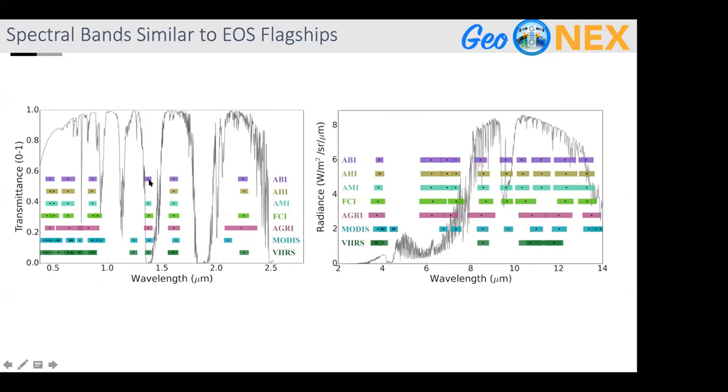And some of the sensors have bands located at about 1.3 micron. That's for cirrus detection. About 1.6, that's the band for snow and ice detection, because snow and ice have absorption in that range. And for 2.2, we use this band for aerosol detection.